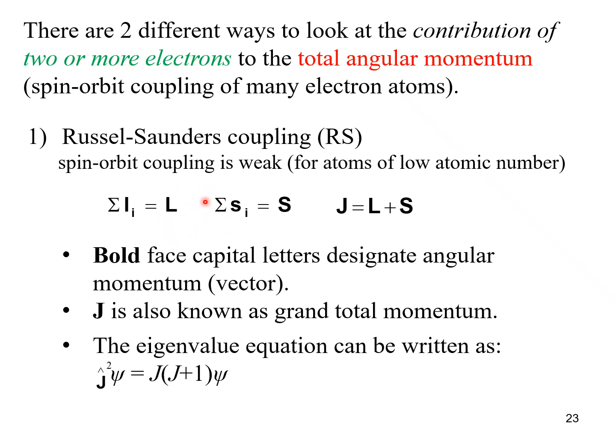Similarly, they find the total S, or the total spin quantum number, with reference to the z-axis, and from there the value of the spin quantum number, and subsequently determine the value of J equals L plus S.